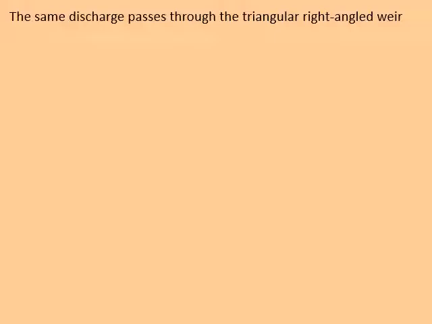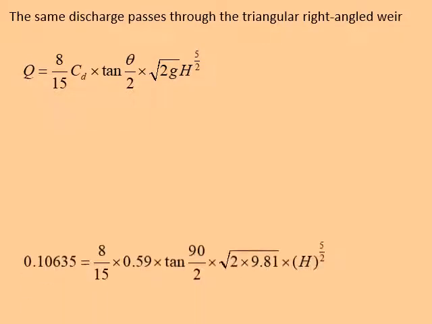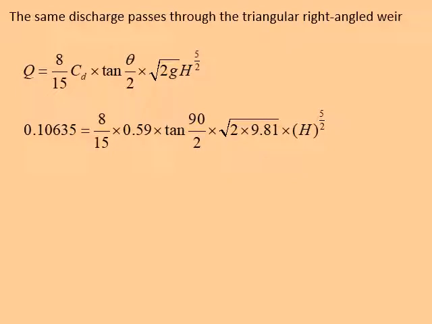Now the same discharge passes through the triangular right angled weir, so the discharge through the triangular notch is given by Q is equal to 8 by 15 into CD into tan theta by 2 into square root of 2g, then h power 5 by 2. Here CD for the triangular notch is 0.59 and the discharge through the triangular notch is 0.10635.